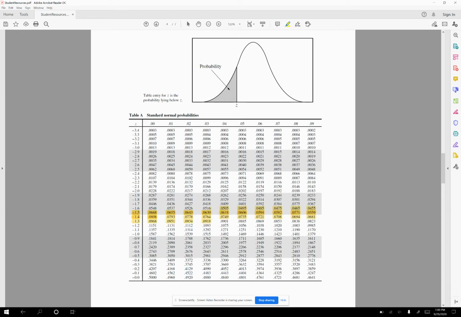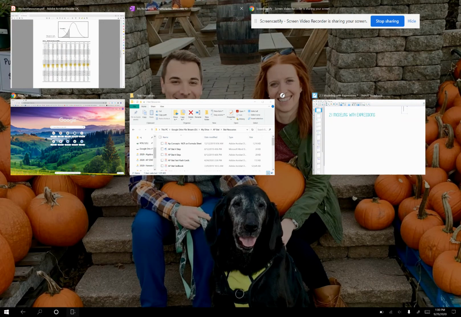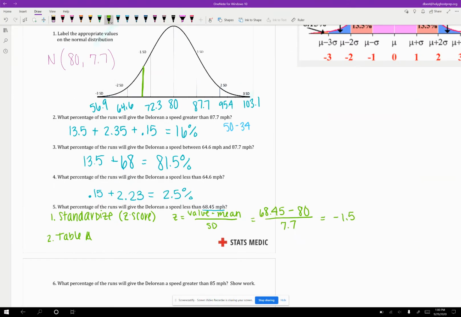Whoops. So back on our notes, from table A, I know that the area at my z-score value of negative 1.5 is equal to 0.0668. So the answer to my question is 6.68%.